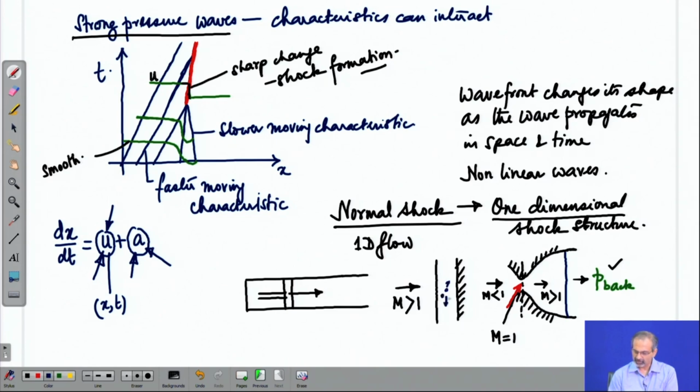So, molecules are moving around in the gas, and when the flow is approaching the solid wall here, the flow is reaching the wall and the molecules are colliding with the wall, and then they are colliding with their neighbors and trying to percolate this information all around that there is a wall.